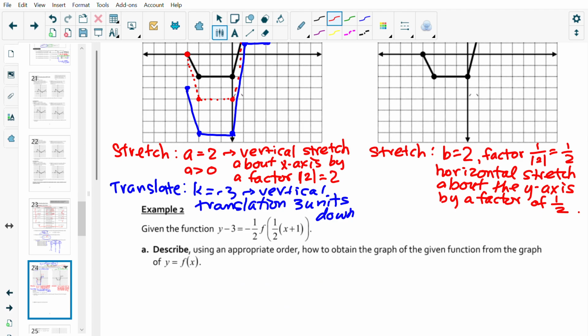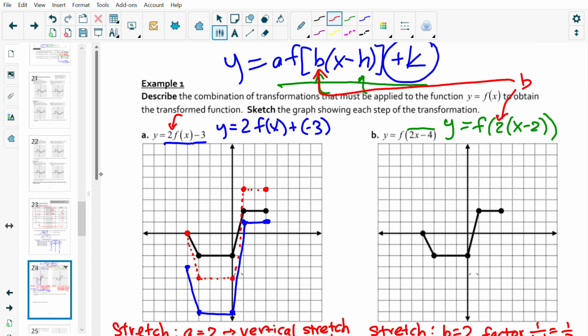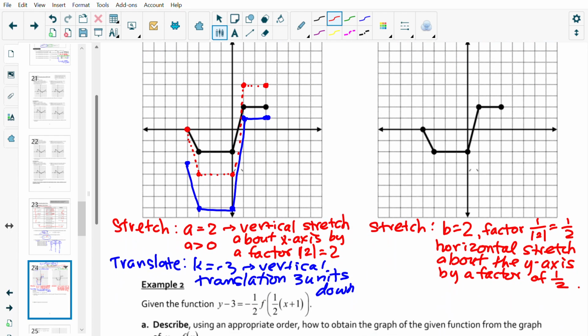I'm going to divide every x value by 2, but not do anything to the y value. Okay, so let's apply this transformation first, and then we'll do the last couple. Okay, so I'm going to go horizontal stretch about the y-axis by factor of 1/2. So the y values stay the same. Okay, x values are cut in half.